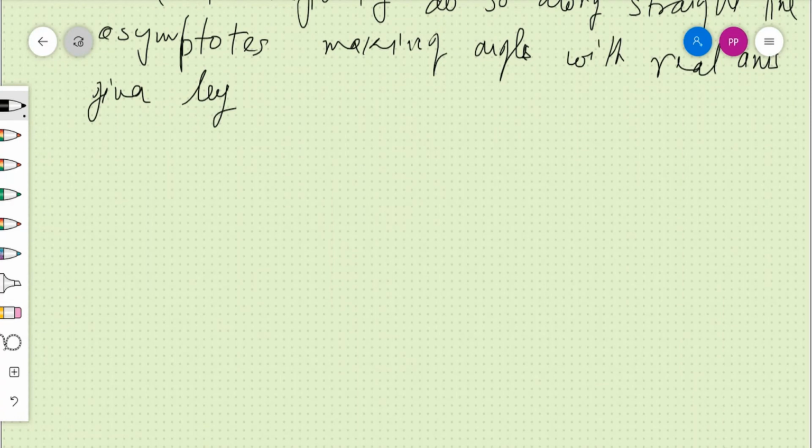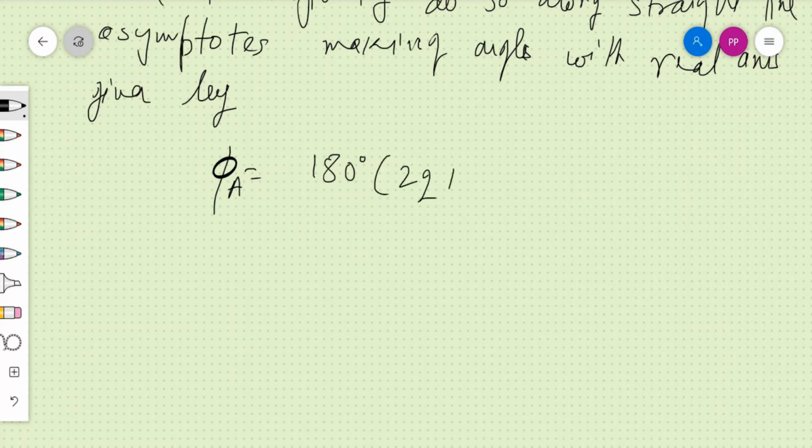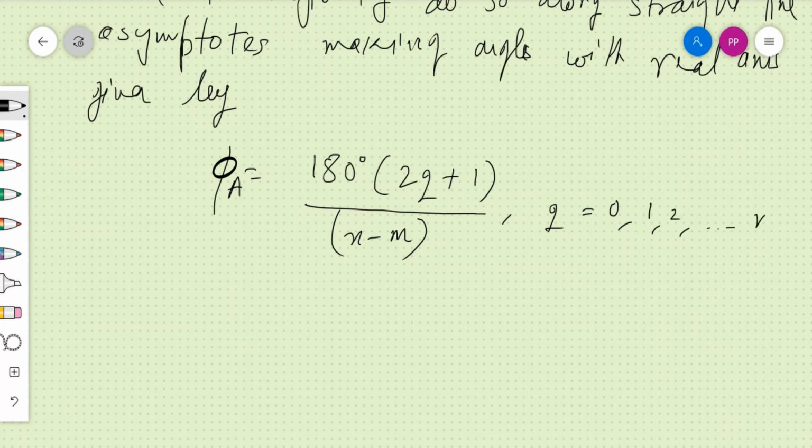This formula is phi a, the angle of the asymptote, equal to 180 degrees times (2q plus 1) divided by (n minus m). We start with the value of q from 0, 1, 2 like that, and we terminate at n minus m minus 1.